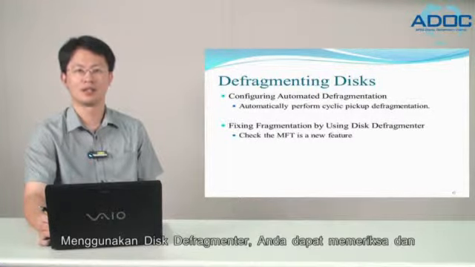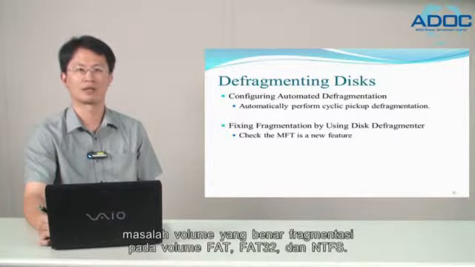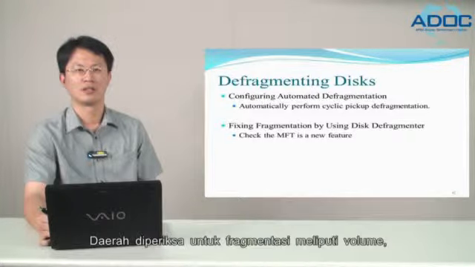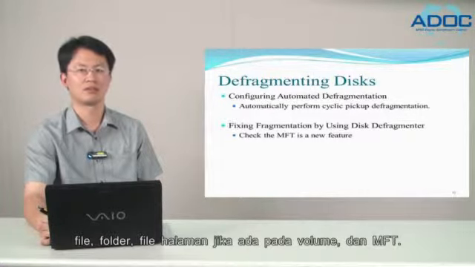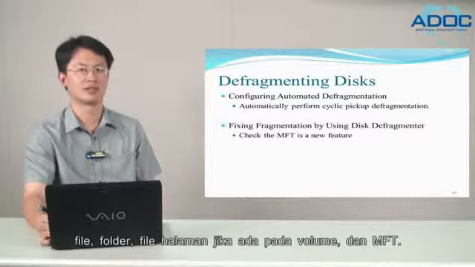Using Disk Defragmenter, you can check for and correct volume fragmentation problems on FAT, FAT32, and NTFS volumes. The areas checked for fragmentation include the volume's files, folders, the page file if one exists on the volume, and the MFT.